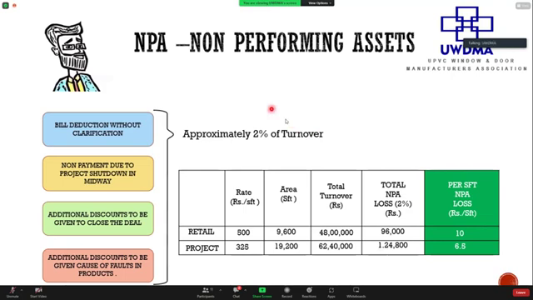And then non-performing assets. There are many things, this happens a lot, especially in the case of retail sites. People do deduct payments at the last moment. While clearing your bill, they deduct some amount without even letting you know why.